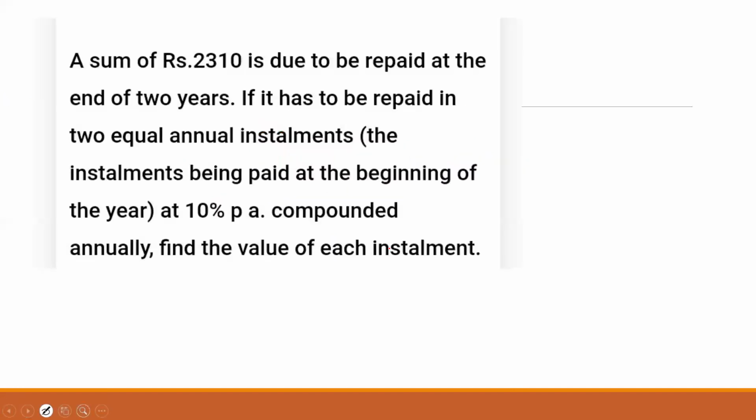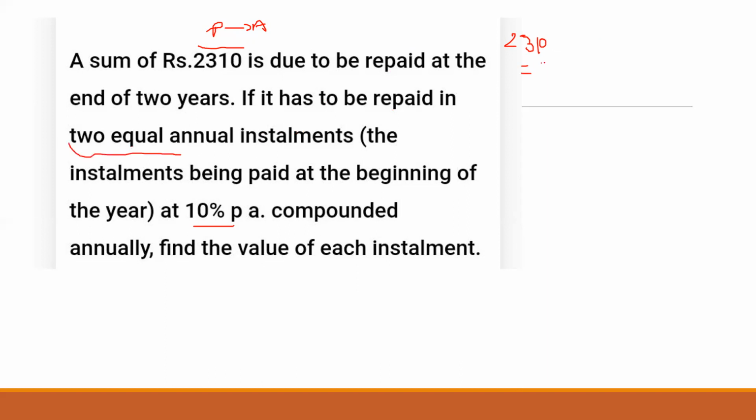Now applying this to the question. A sum of 2310 is due to be repaid at the end of 2 years. This is P. Sum of 2310 is due to be repaid, यही repay करना है, means this is nothing but amount. So LHS part, directly write it down as 2310. RHS part, two installments.